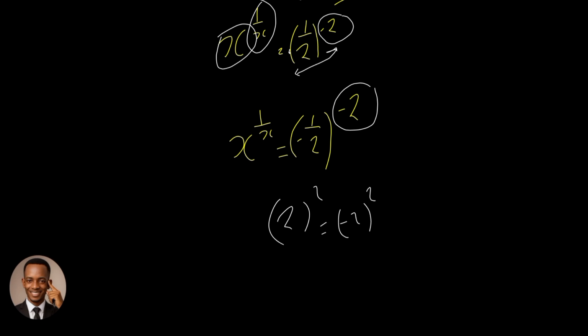So 2 squared is the same thing as minus 2 squared. That's 4 equals 4. It means we can safely introduce this minus here. In case you are still confused, we can rewrite this as minus 1 over 2. The negative power becomes a fraction, then 1 over, then raised to power 2. So you can see that these two here will cancel out the minus. Therefore, we haven't done anything mathematically wrong. That's another brilliant idea we're going to be using here.